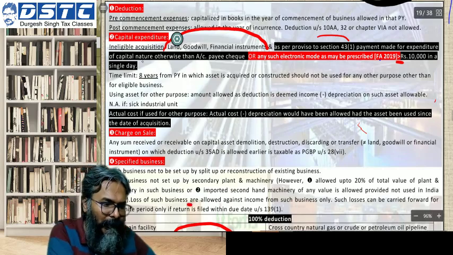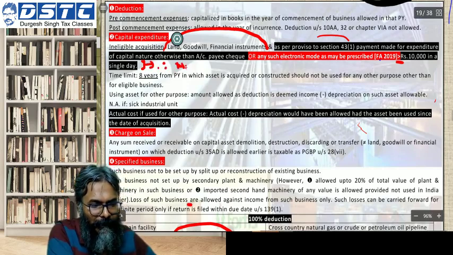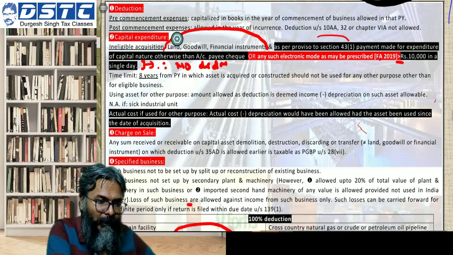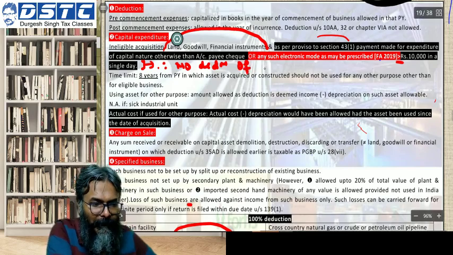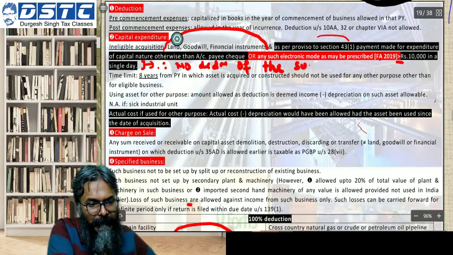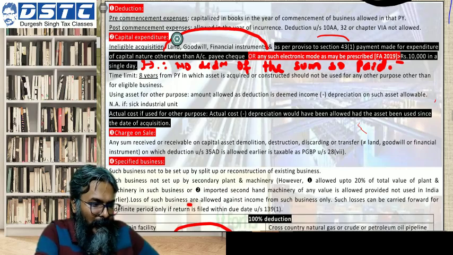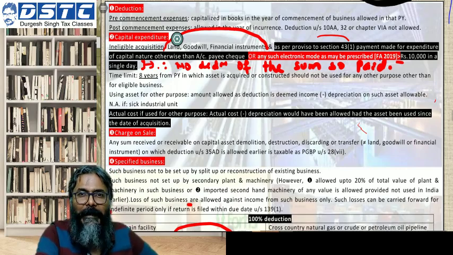So for this particular part, it would be ineligible and therefore no deduction of the sum so paid. Fine, students. Now be careful.